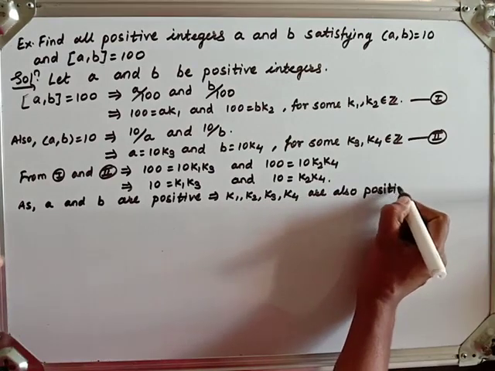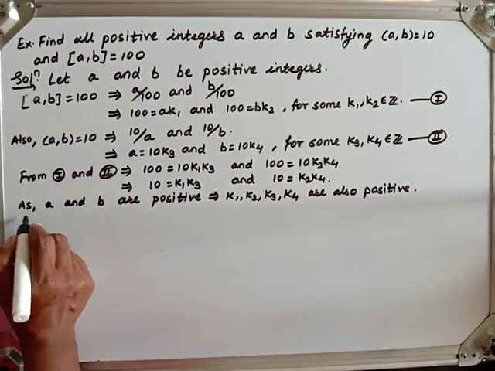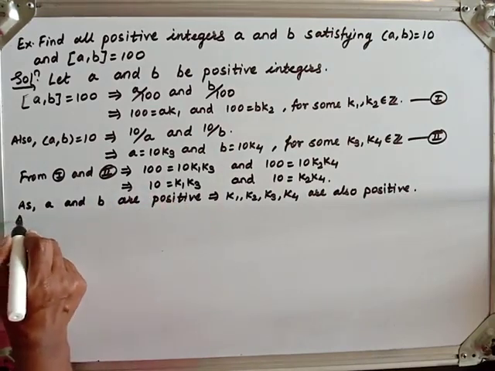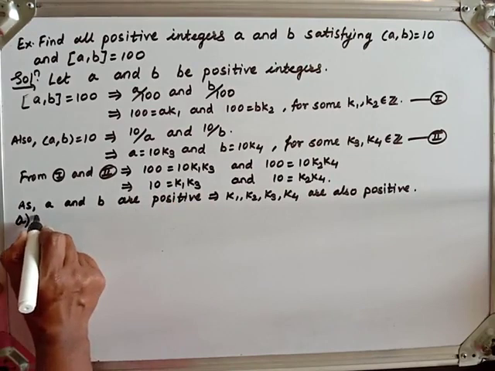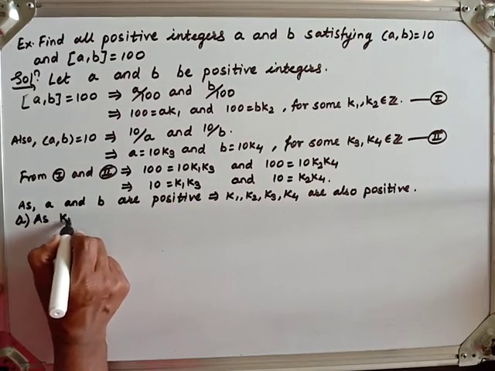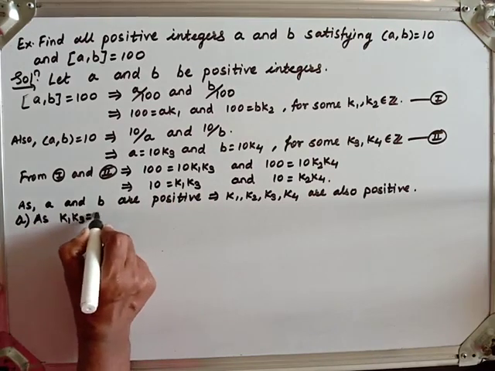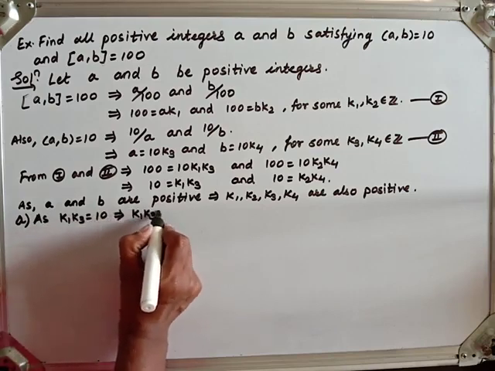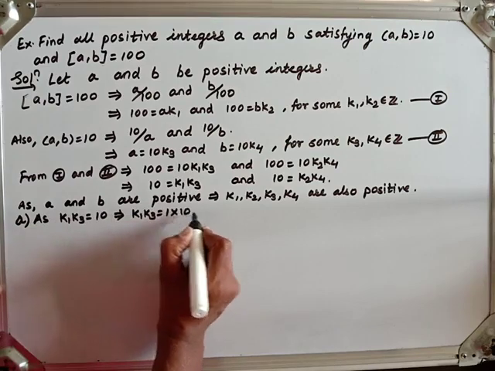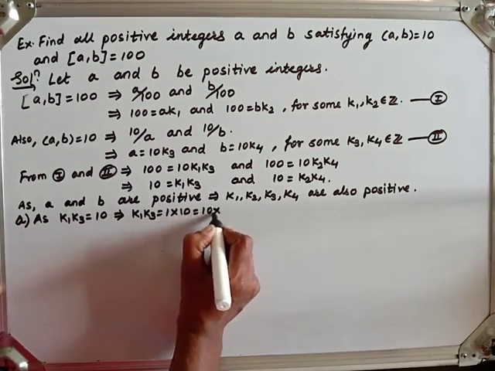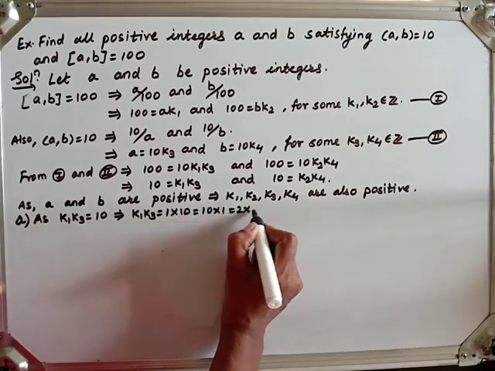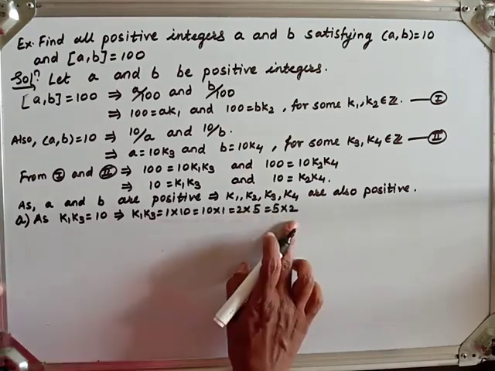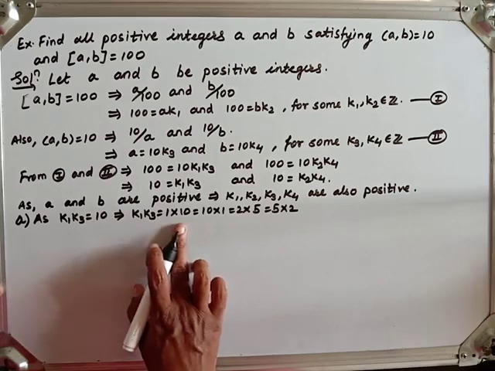Now let us take this case: K1 K3 is equal to 10. So there are 4 pairs: 1 into 10, 10 into 1, 2 into 5 and 5 into 2. These 4 possibilities for the set of integers.